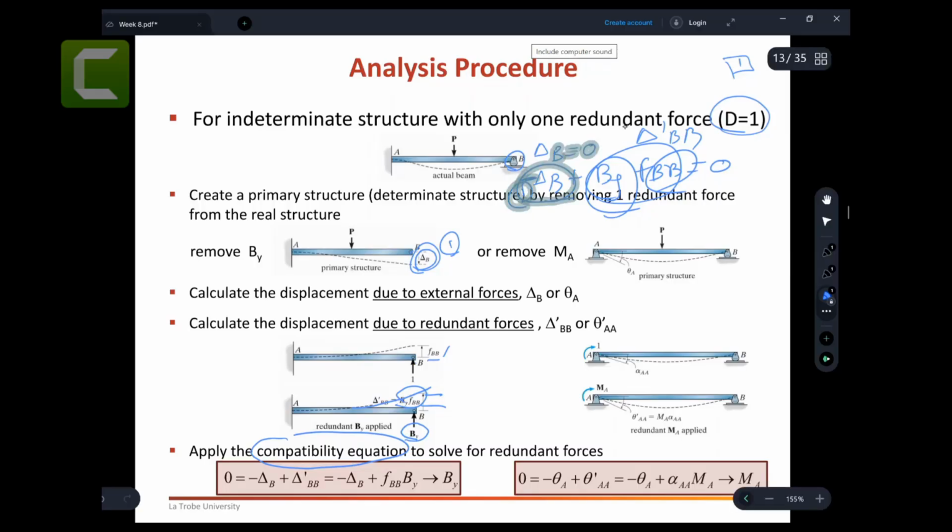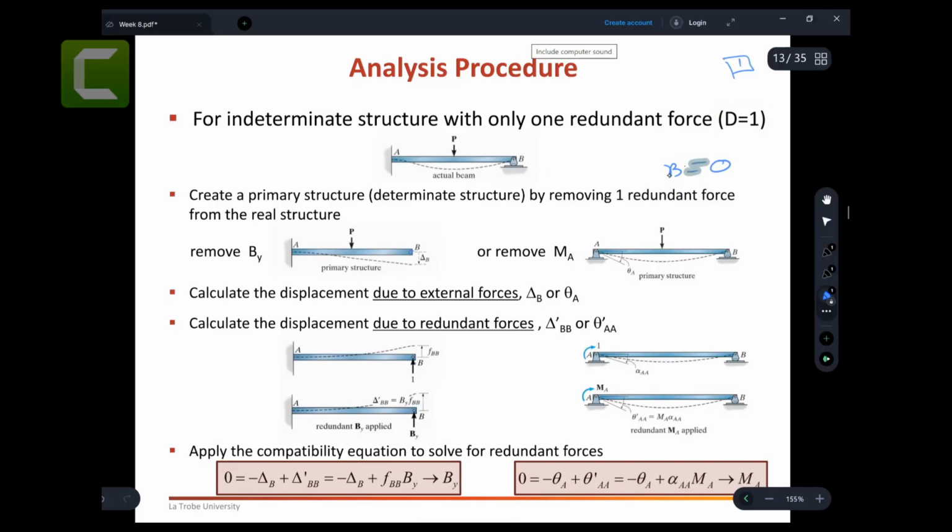There is another way as well. This is one way. There are no rules, by the way, on which one you choose; I showed you the easier one. The students may find difficulties here: you can keep this roller, and you can make this moment the redundant. So this fixed support becomes a pin. For that, your moment is redundant.